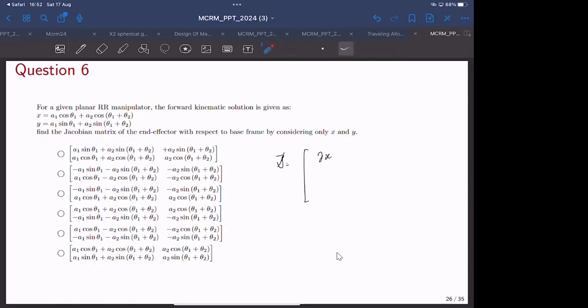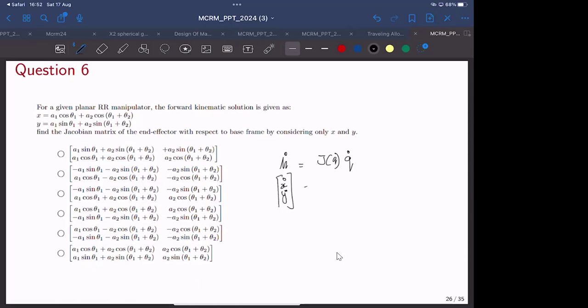So the basic theory is that earlier I haven't defined much about why the Jacobian matrix is like that. So we know that some matrix basically maps the task space and the joint space variables, right? In this case, it will be X dot and Y dot.